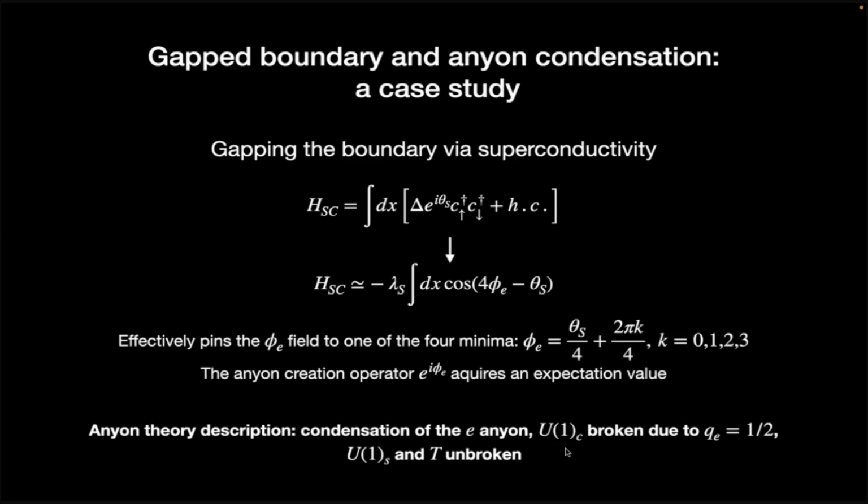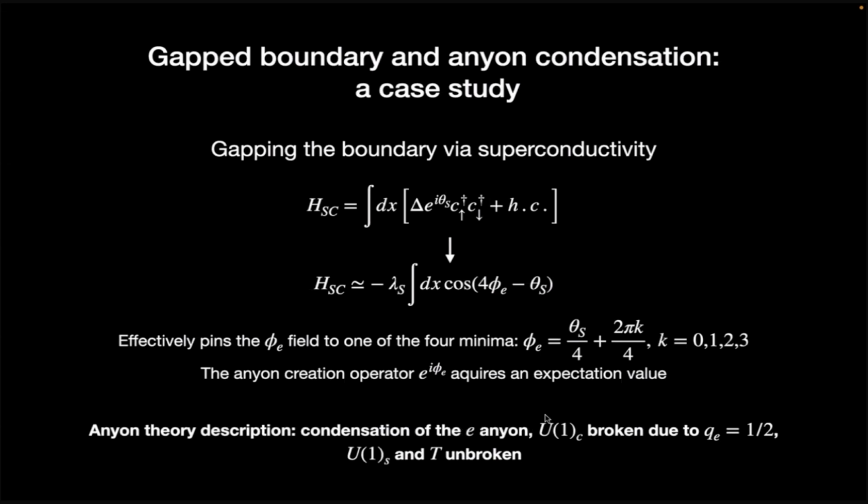Yeah, excuse me, I'm a bit confused here. Is this U1C and U1S here corresponding to the global symmetry in the symmetry enriched topological order? Yes, this is a symmetry enriched topological order. The anyons generate the topological order, and the symmetry enrichment is encoded by the charges of U1C and U1S of the anyon.